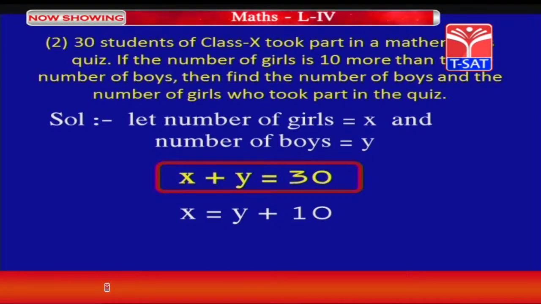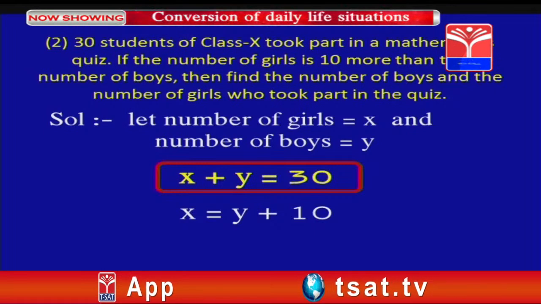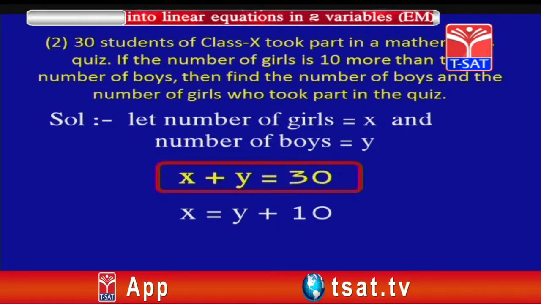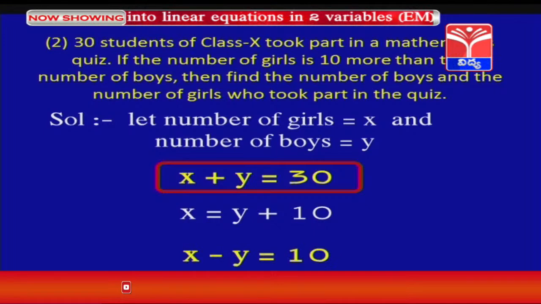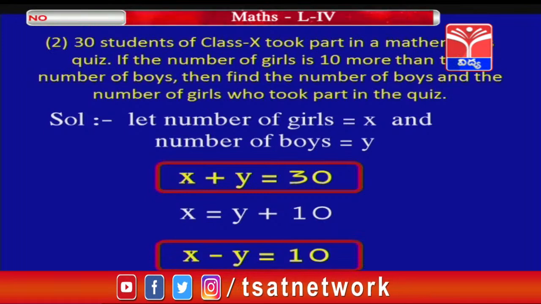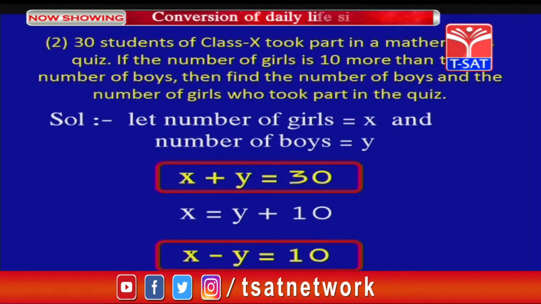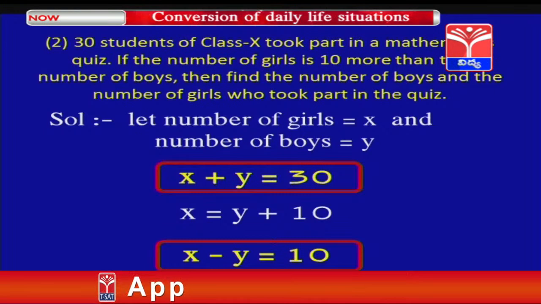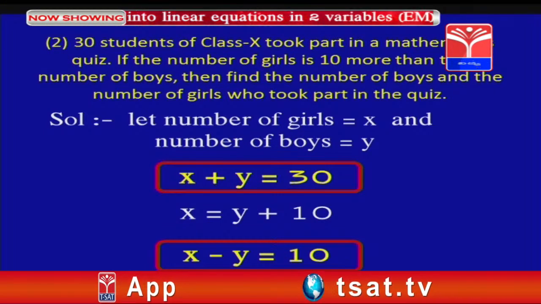So, if you add 10 to the number of boys, then both are equal. That is why x is equal to y plus 10. Means if you transpose y to LHS, it becomes x minus y is equal to 10. Observe here, there are two equations which are linear equations in two variables.